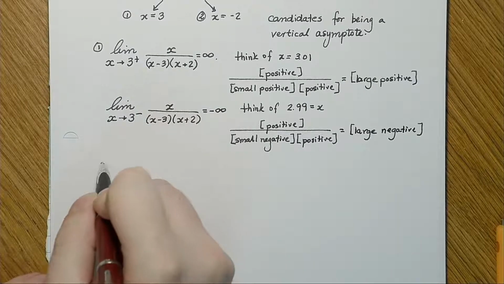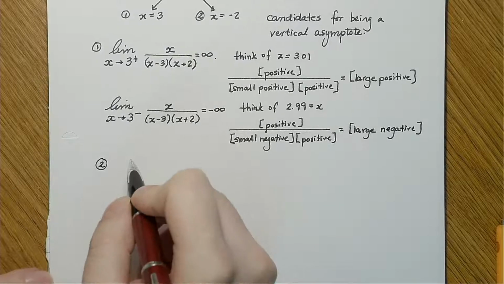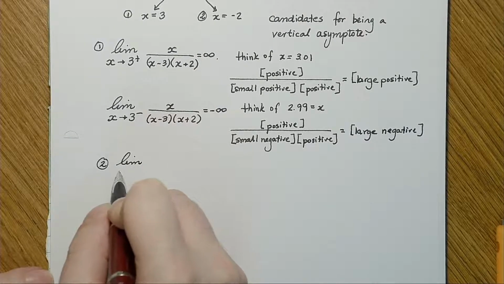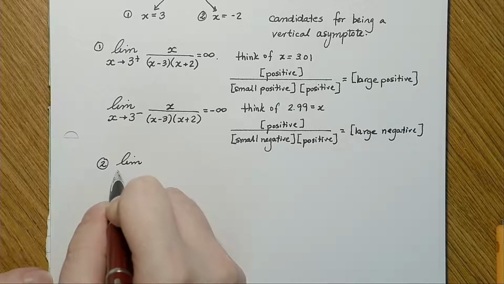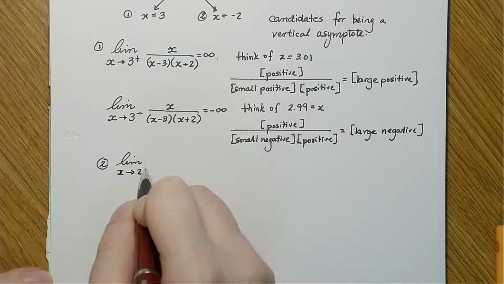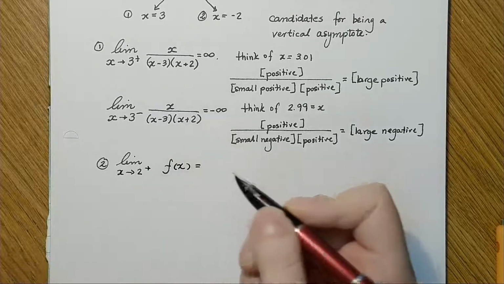Okay. So for number 2, we'll have the same idea. We have it going to -2 from the right-hand side, my function there.